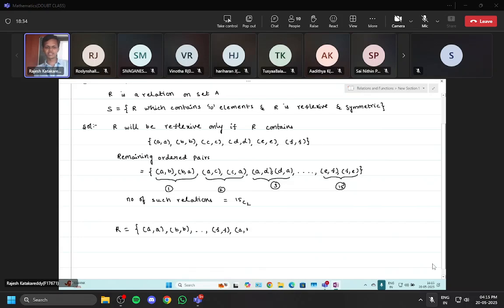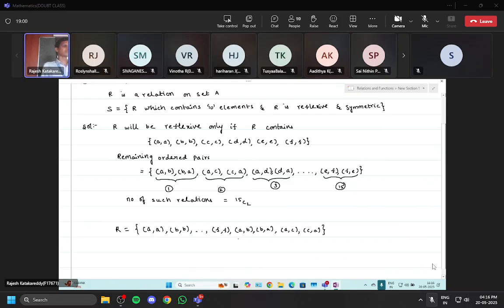So AB, BA, AC, CA, right? Yes, sir. So now this is one such relation R, which is containing 10 ordered pairs or 10 elements and is symmetric and reflexive as well. Clear? Like this, I can make 105.